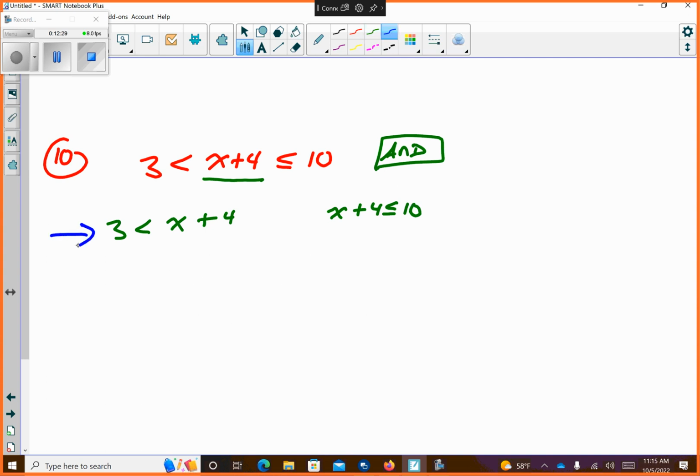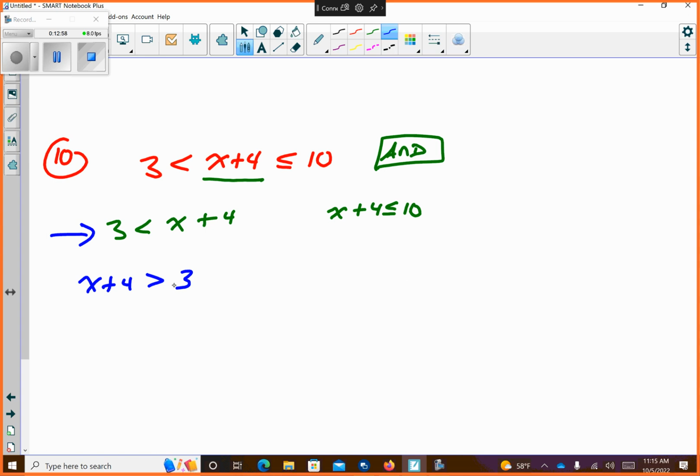What should I do first here? What we do here is we would flip it around. Yes, I want the letter on the left side, so I'm going to flip the whole thing over. We just take the whole thing and rotate it right over.